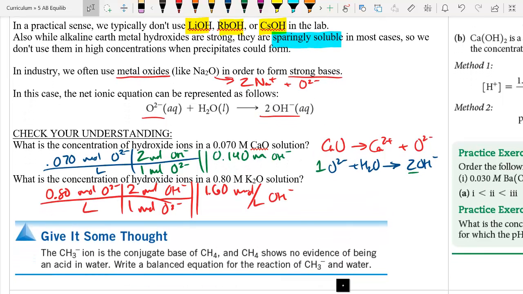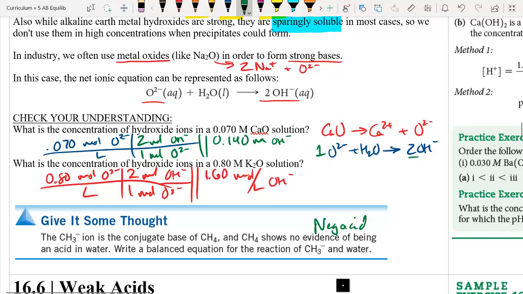Now, consider this next give it some thought problem. The CH3- ion is the conjugate base of CH4. So CH4, methane, shows no evidence of being an acid in water. So, right, no evidence, it is a negligible acid. Write out a balanced equation for the reaction of CH3- and water.